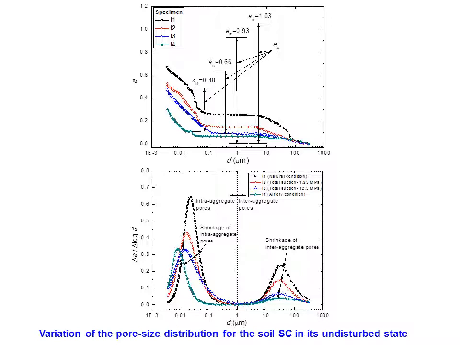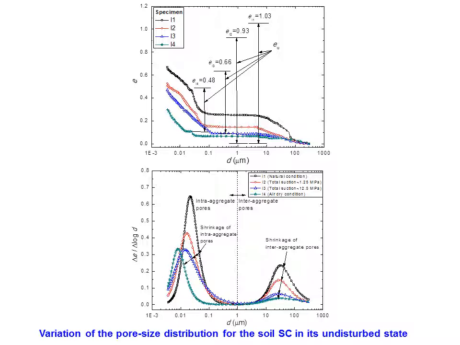The interaggregate pore shrinks from about 33 micron dominant pore diameter for the initial stage to 27 micron dominant pore diameter for the air dry state, whereas the intra-aggregate pore shrinks from 0.022 micron for the initial stage to 0.008 micron for the air dry state. Also, what we can see is significant reduction in the volume of pores for both interaggregate and intra-aggregate pores.